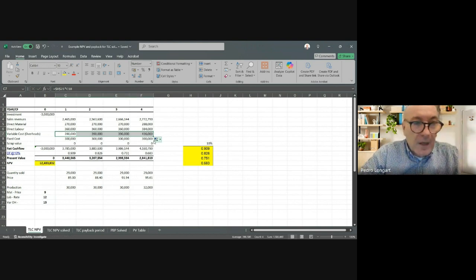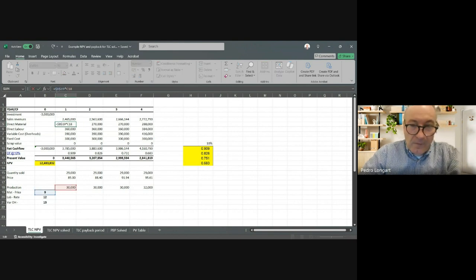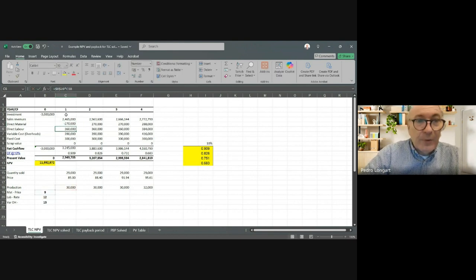Okay. Now we have the net present value. Remember, this value is negative, so it has to be negative. This is a problem here because actually I'm adding, right? I shouldn't be adding. This should be a negative value. This is where I forgot to put the negative value here.